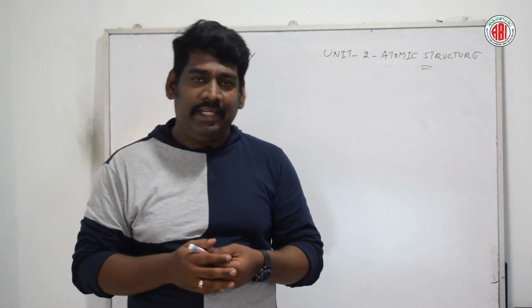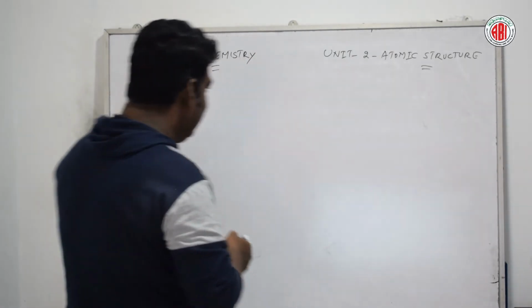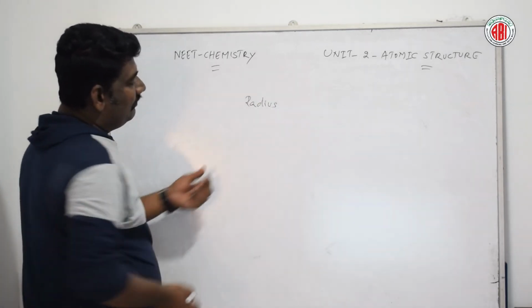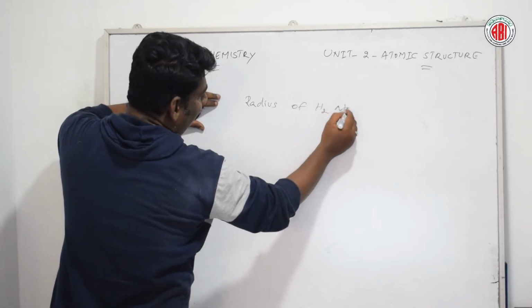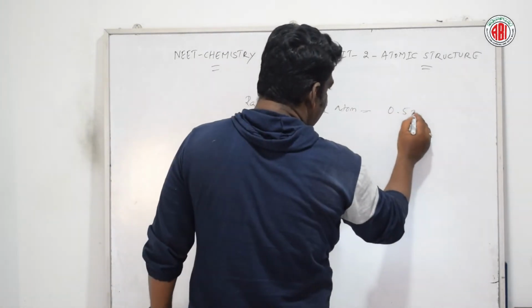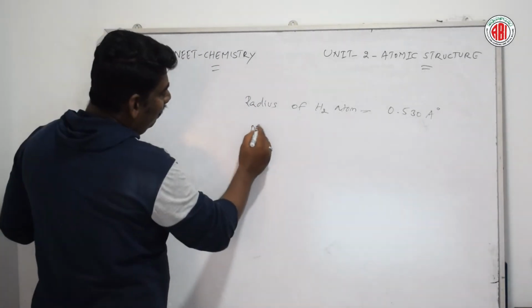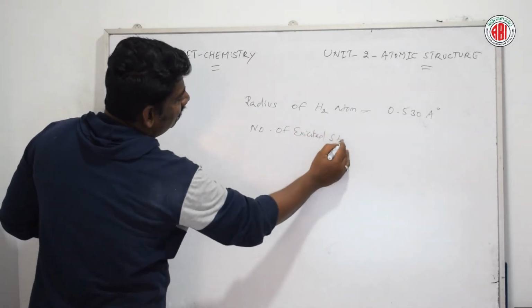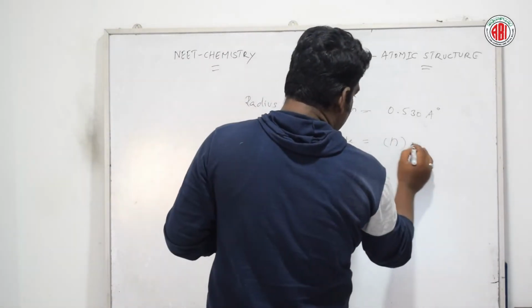We know the Bohr radius formula, and using it we are going to find the answer. Let us first write the values given in the question. The radius of the hydrogen atom is 0.530 Angstrom. The number of the excited state is n equal to 2.